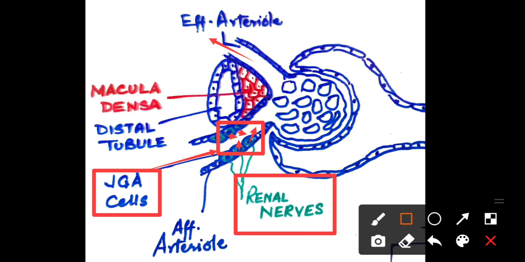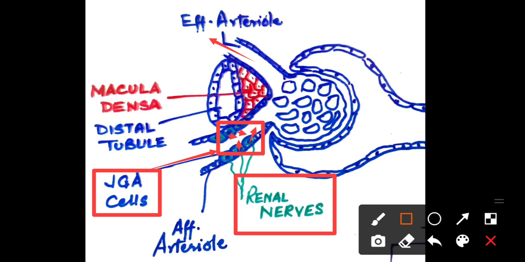Now this angiotensin 2 has two fates. Number one, angiotensin 2 will result in vasoconstriction of the blood vessels. The arterioles will constrict in the presence of angiotensin 2. If they constrict, what will increase?